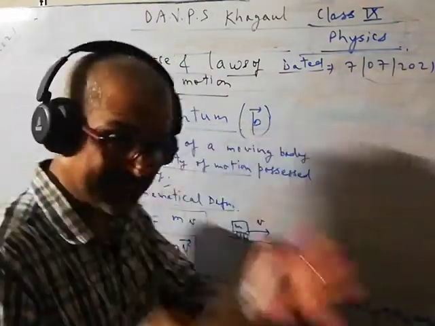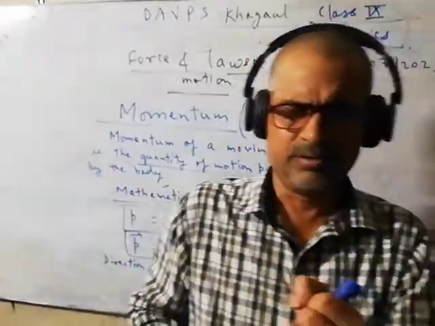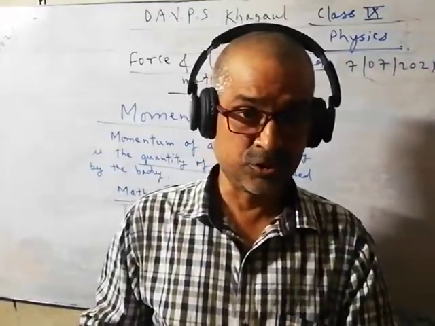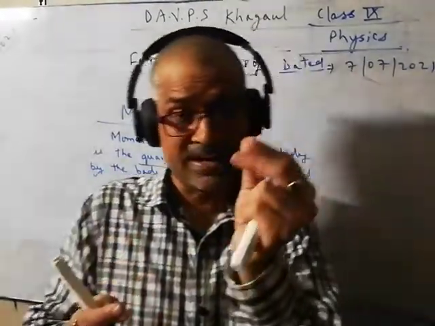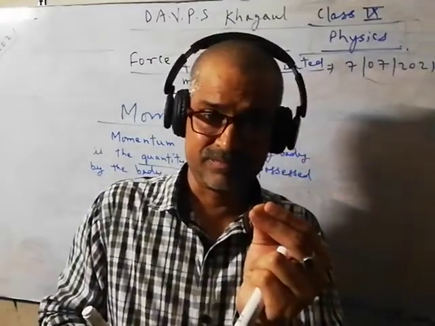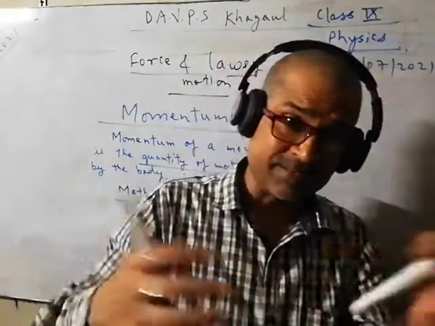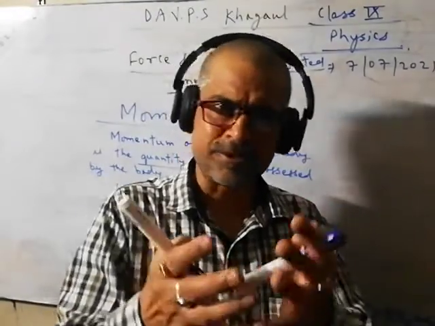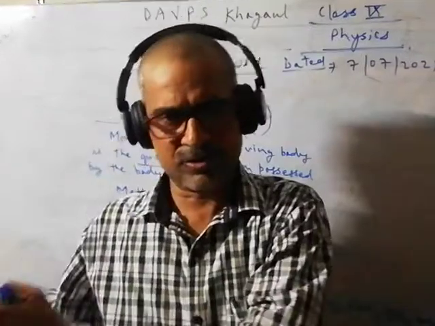And due to high momentum, the bullet fired from the gun has the capacity to destroy and produce damage. So the damage produced by the bullet fired from the gun is due to high momentum. So here we can understand what greater momentum could produce. It could produce a destructive effect as well as a constructive effect also.